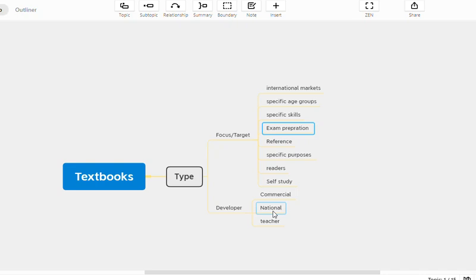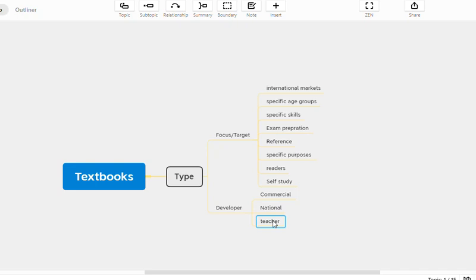For example, in the Iranian context, the textbooks designed and developed for Iranian junior and senior high school students are national textbooks developed by national authorities, by the Ministry of Education. Usually these textbooks are developed in order to prescribe the content, the methodology, and the policy of education.